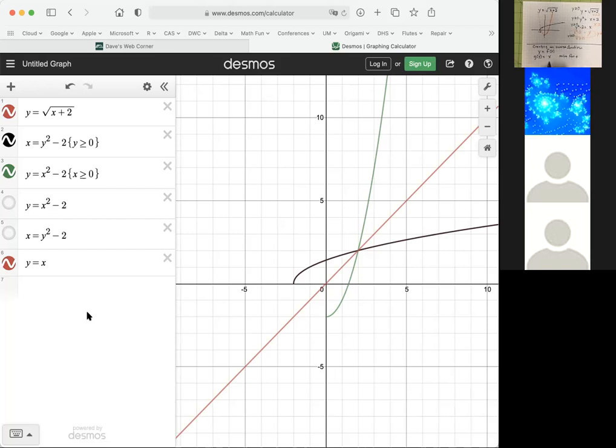Then switch the x's and y's. And this function g of x is the inverse function of f.